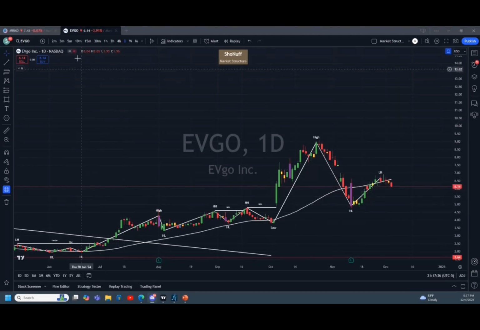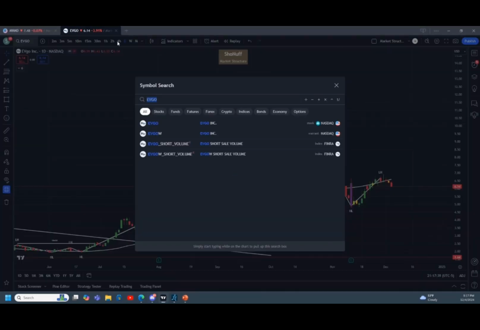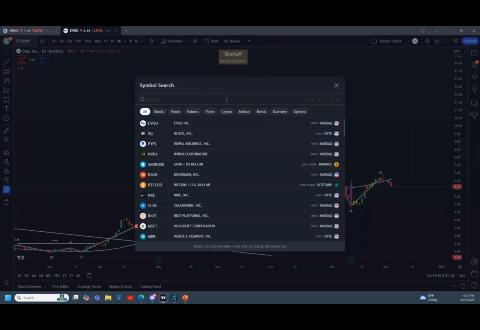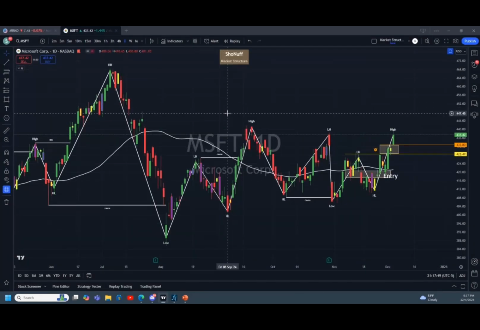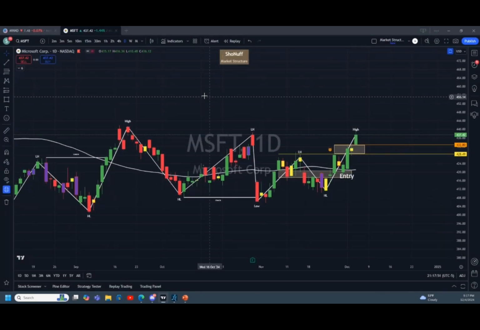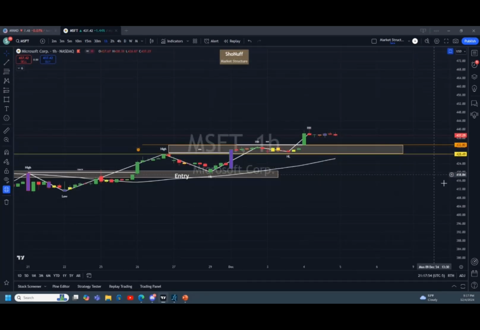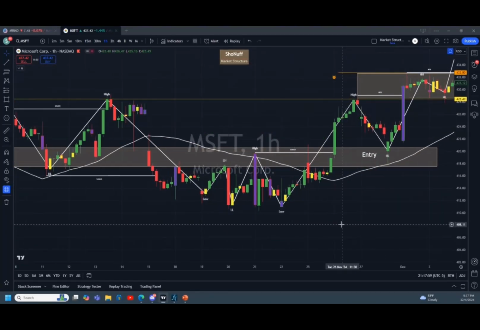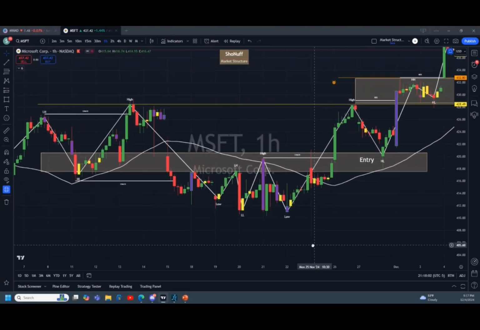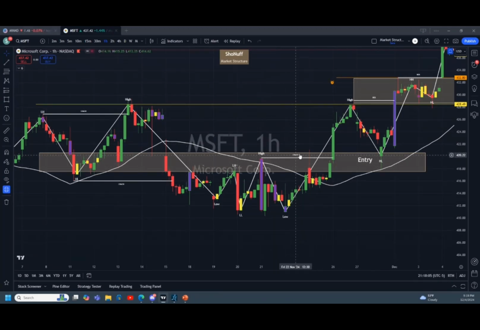So one thing you can use, I'll give you an example. Let's see which one I drew a box on. Was it Microsoft? I drew a box on Microsoft. All right, I'll go down to my hourly. So what I tend to do is I try to grab those wicks in that area too. Okay, like the wick to the body. Yeah.